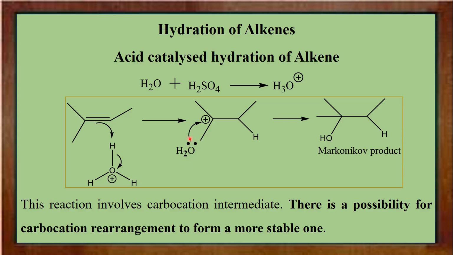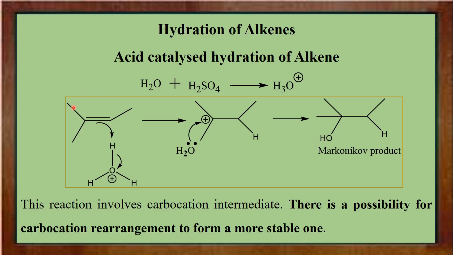One of the lone pairs reacts with the carbocation, making a new bond. Once it makes a new bond, oxygen will get a positive charge, and in order to neutralize that, a H plus ion is removed, and finally we get OH.